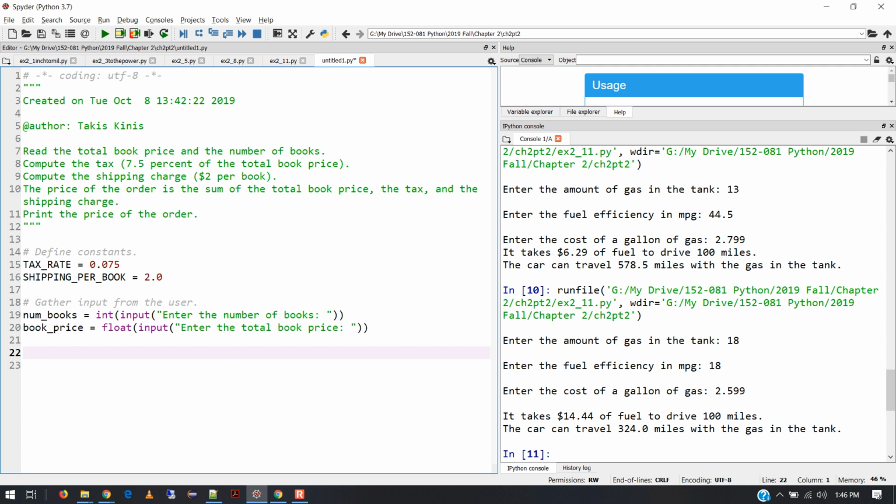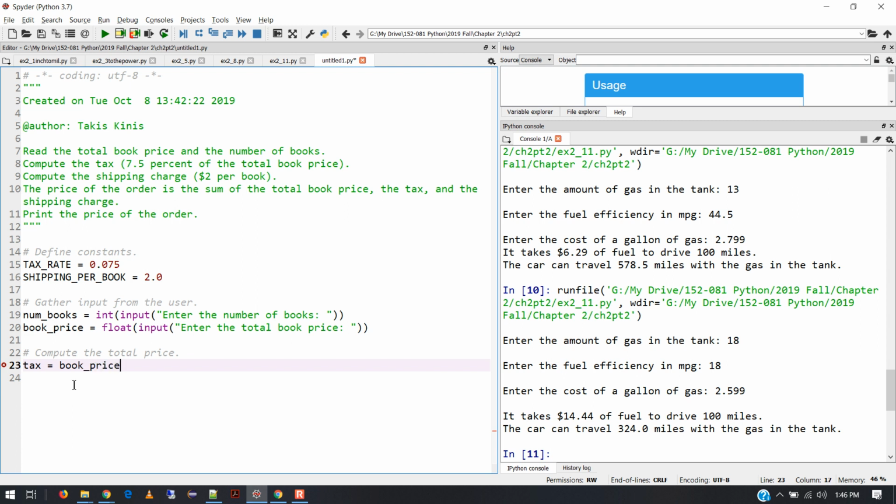Next thing that we're going to do is we're going to do the math. And in order to get there, ultimately what we're trying to do is compute the total price, right? All right, so here's how we'll proceed. First, we should probably figure out the sales tax. So I'm just going to create one called tax equals, and how do I calculate the sales tax?